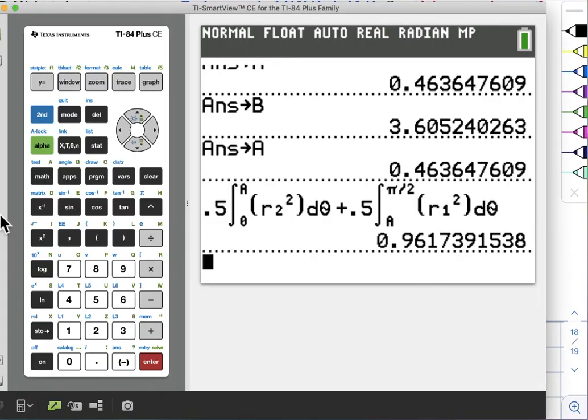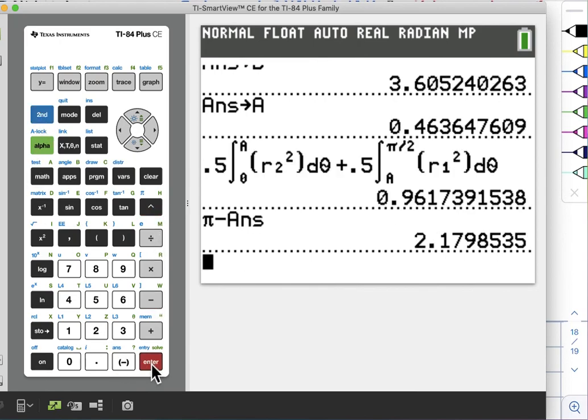So I'm going to go to my calculator and do pi minus the answer I just found, and that's going to give me 2.1799, which is about 2.180 for my area there.